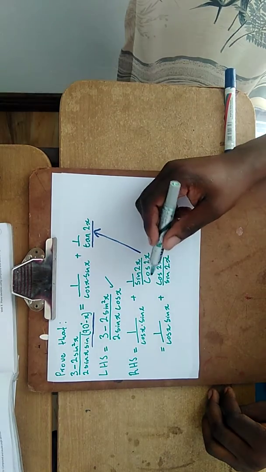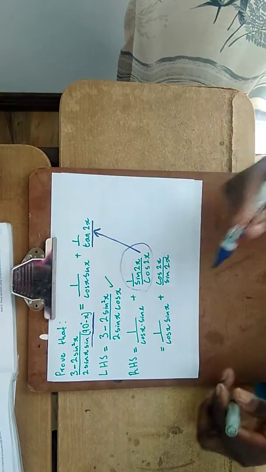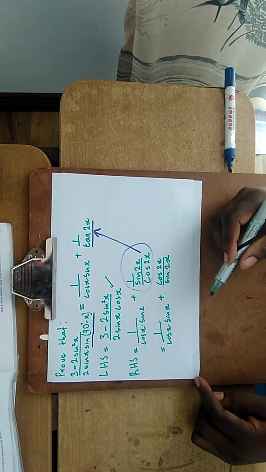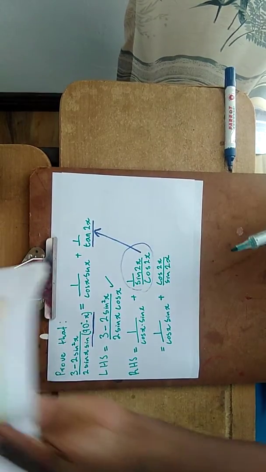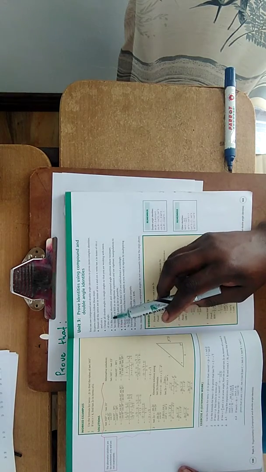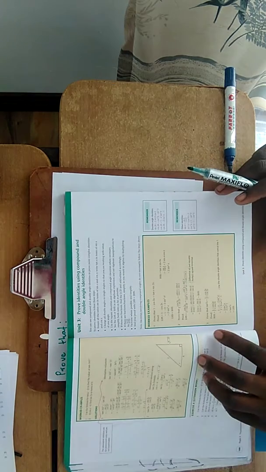Here we've tried to solve this one because it's a fraction over a fraction. Then from there, we continue to look at our instructions. It says that we must change all double angles to single angles so that you are working with ratios of one angle.